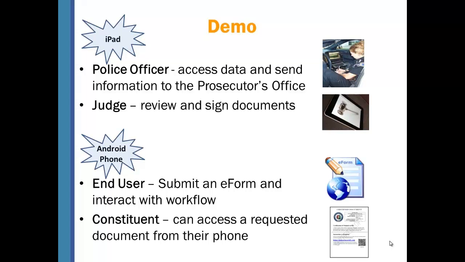And then I will simulate a constituent here who requested a certified document. Once that request has been facilitated, I would get an email back to me saying, here's your certified document with a link and essentially a QR code. So I'll just use an app on my phone to scan the QR code, and I'll open that document right from my device. So those are the kind of scenarios that I'm going to put in play today.